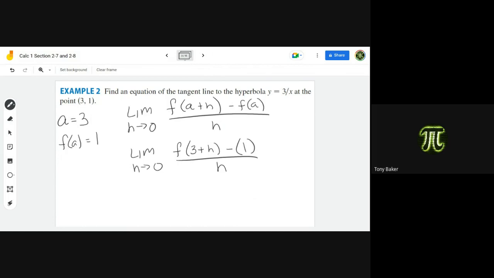All right. Everybody good with what I've set up there so far? Okay. Remember, function notation states that whatever's inside the parentheses, I can replace the x by. So that means this problem becomes 3 over 3 plus h minus 1, over h.